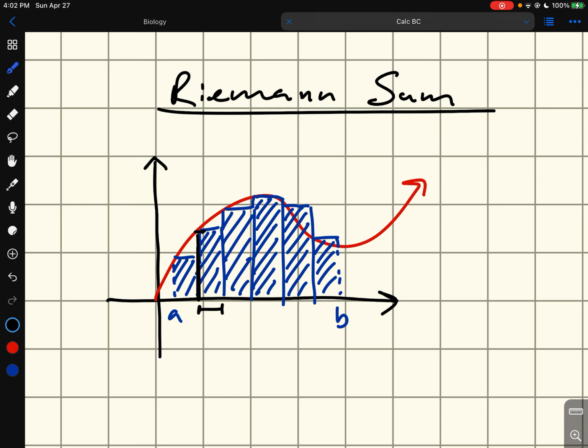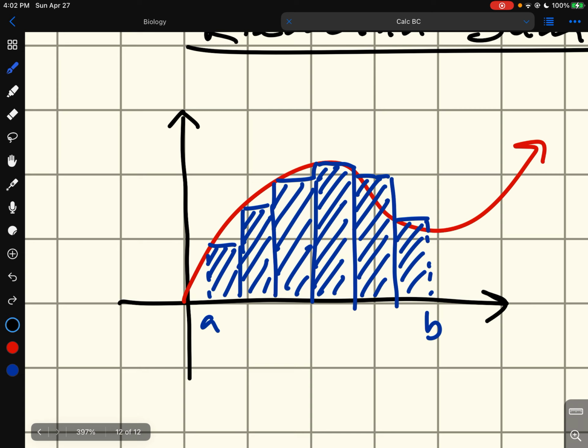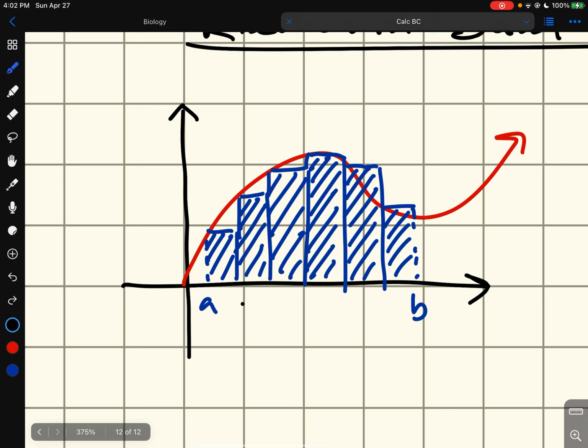So you can have a height to this y value, or you see this edge of the rectangle, you could have a height on this y value. So which y value you use depends on whether it's a right or left Riemann sum. If we use left, that means we use the height of the left interval value. So if this was A and this was C, the left side would be A. So we would use the height where A is, which is this y value.